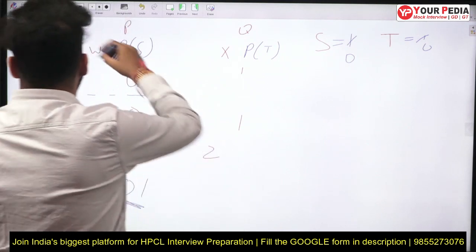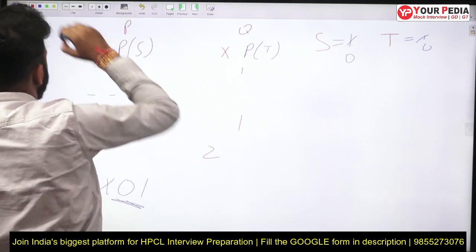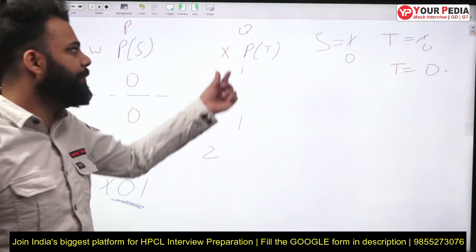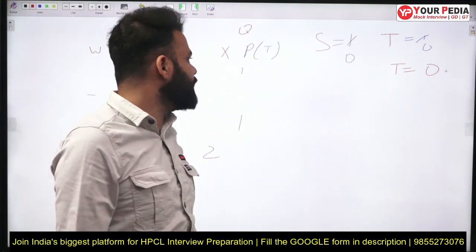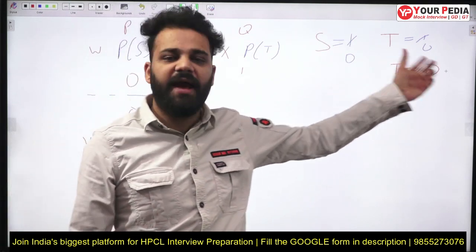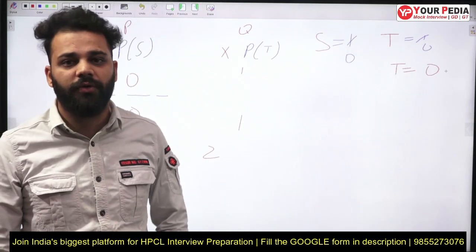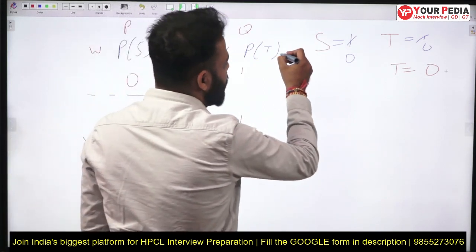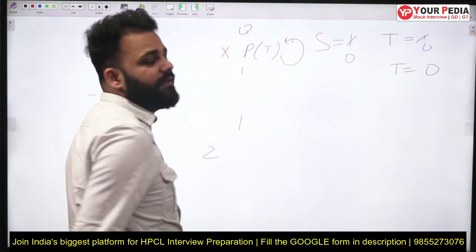So let's try to make T as 0. If T is 0, then when the down operation P(T) is performed, as the value of the binary semaphore is 0, it will be an unsuccessful down operation. So our code will be stuck here in the self loop.